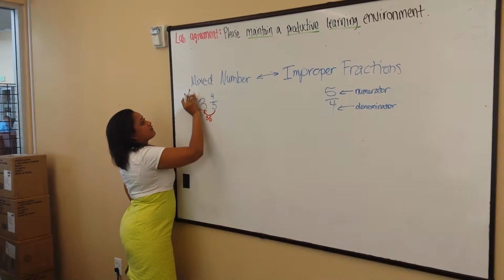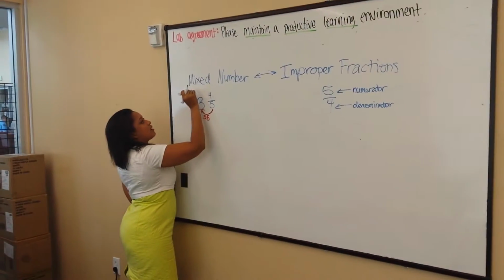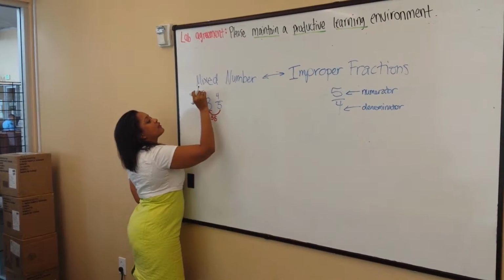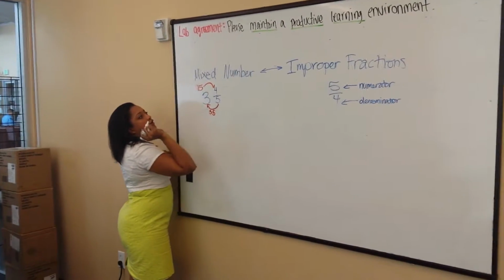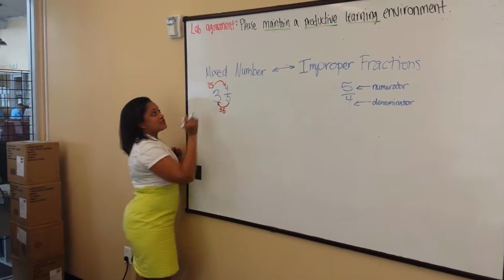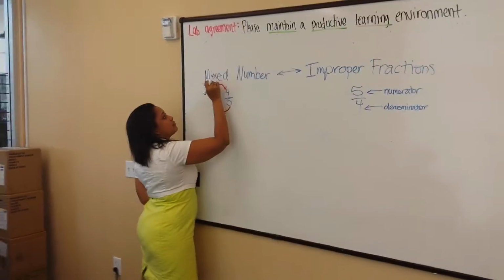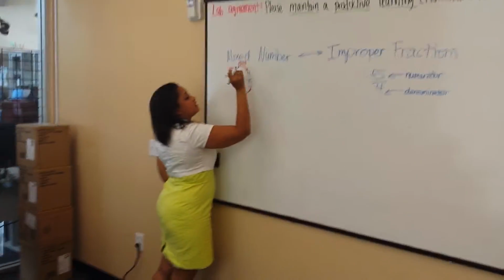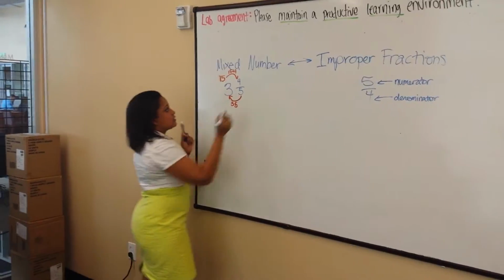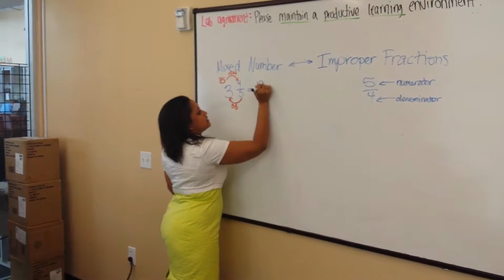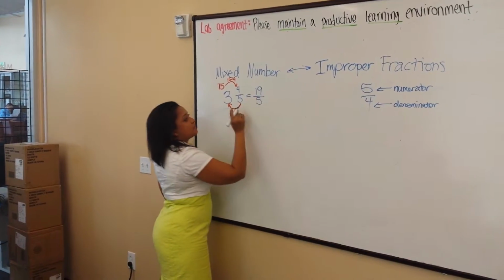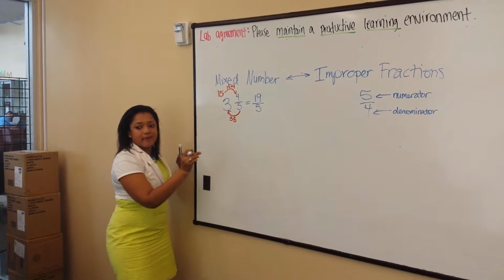So 15 is going to go up at the top here. And then with our 15 and our 4, we are going to add these two numbers. 15 plus 4 is what? 19. And so this is going to be equal to 19 over 5. The bottom of the fraction stays the same.